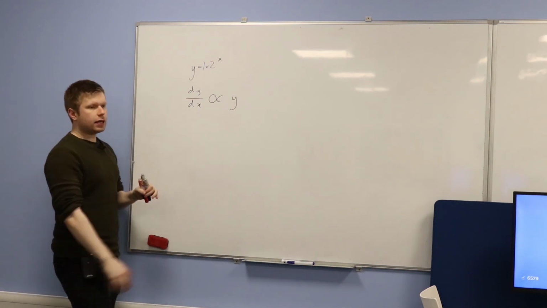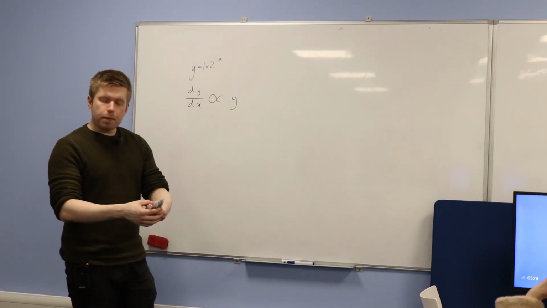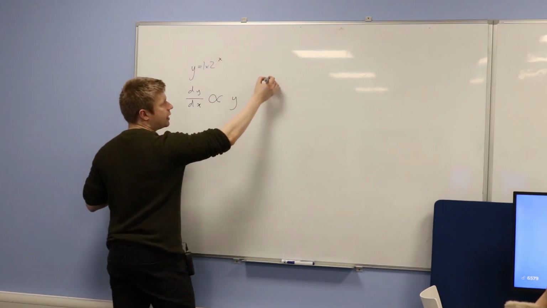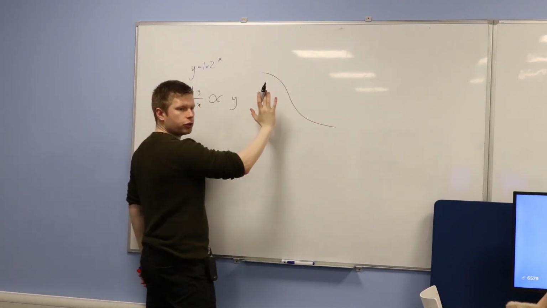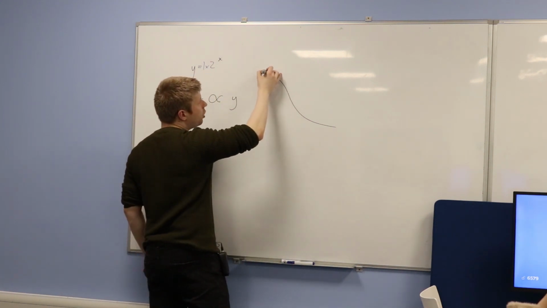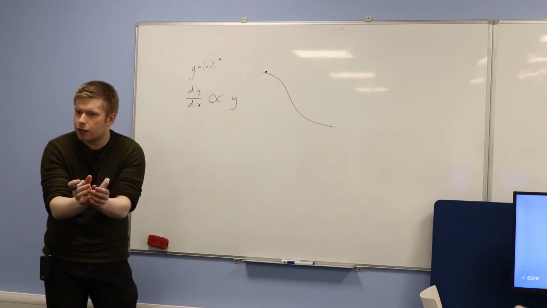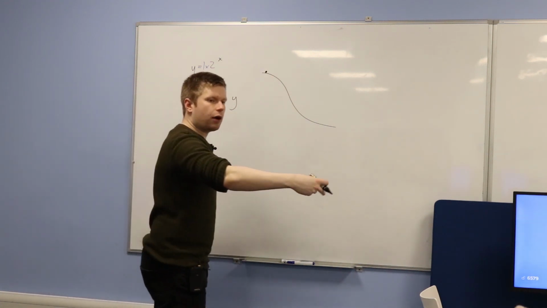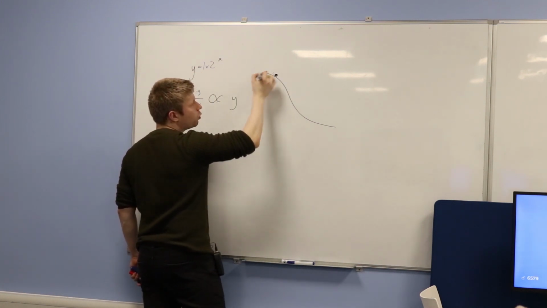That how quickly something can grow is proportional to its size. If it helps, visualize this. Let's imagine a cross-section of a hill, and it's a snowy hill, so there's snow on it. And I start off with a snowball at the top, a little tiny snowball in my hand. Now, as I roll the snowball down the hill, are you happy that it will start to pick up more and more snow?